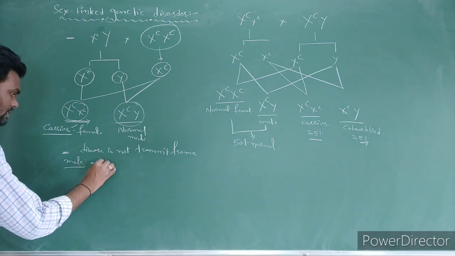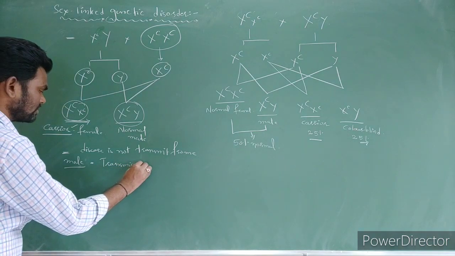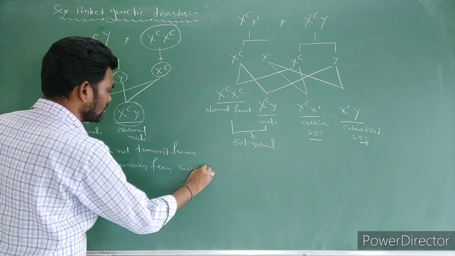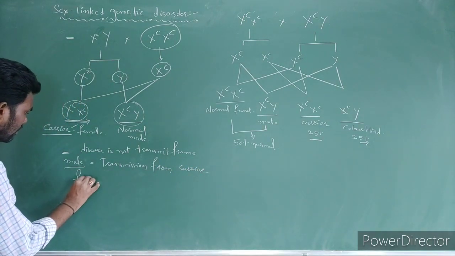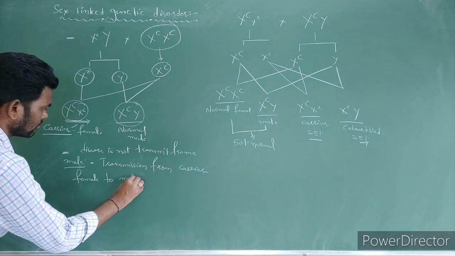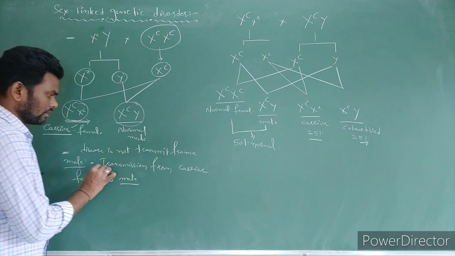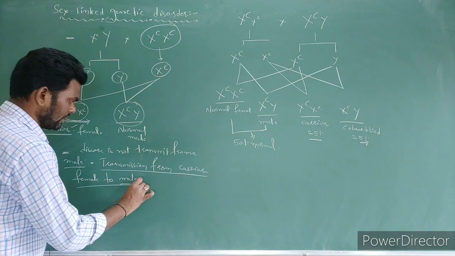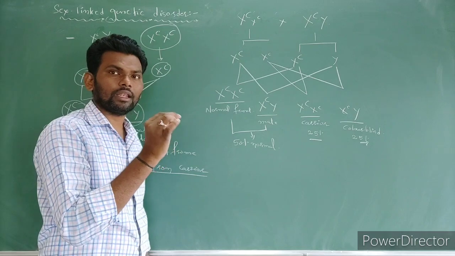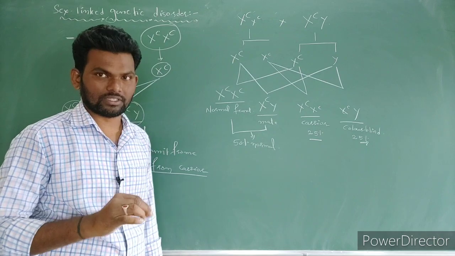So disease is transmitted from carrier female to male. Okay, so a very important point is, if the female parent is a carrier, then only is there a chance of formation of disease.